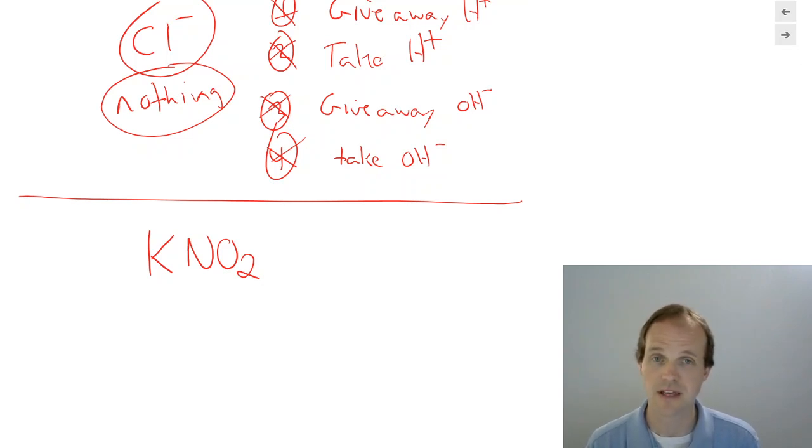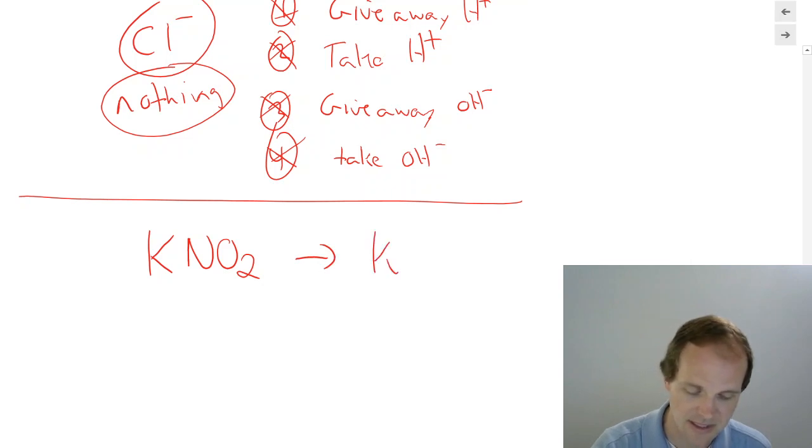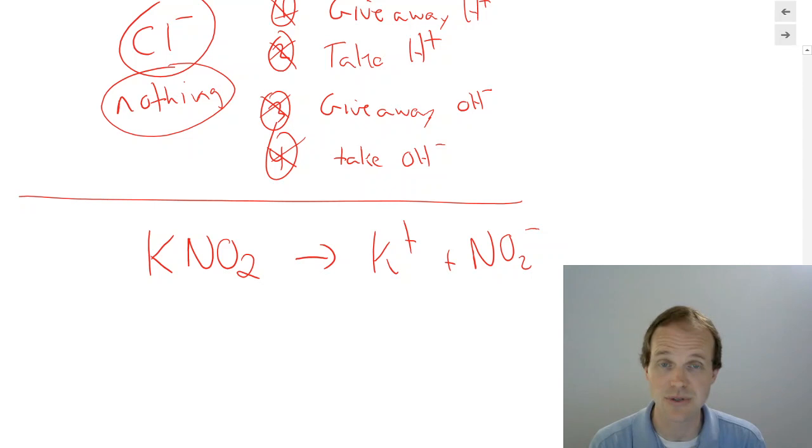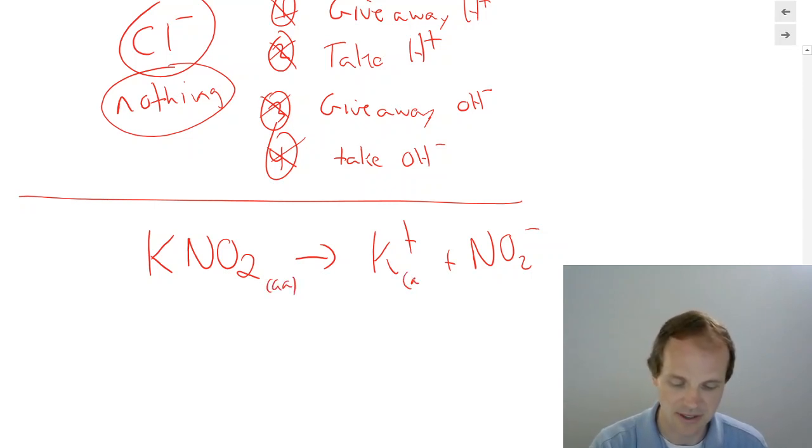Well, let's look at our solubility rules first. If it doesn't dissolve in solution, not much is going to happen. Potassium is always soluble. Good. So we know that when we put this into solution, it's going to form K plus and NO2 minus. And we can now consider those 2 entirely separate from potassium nitrite.